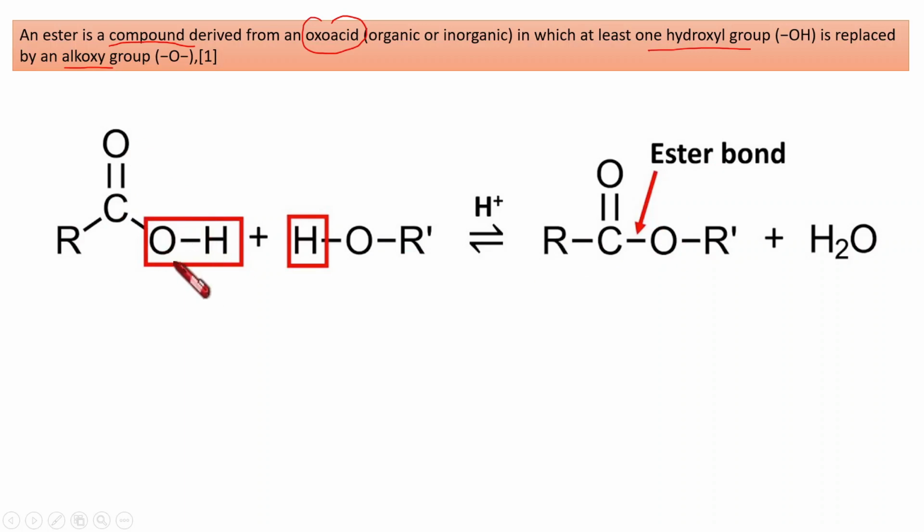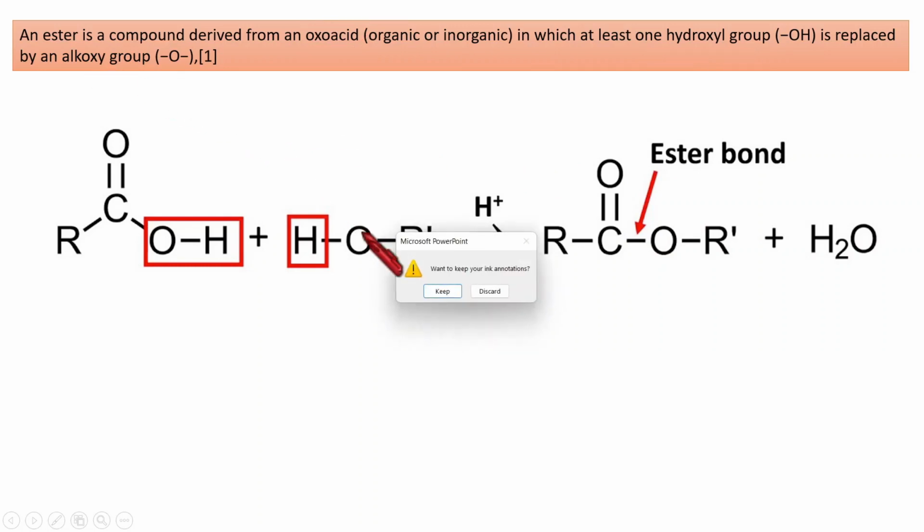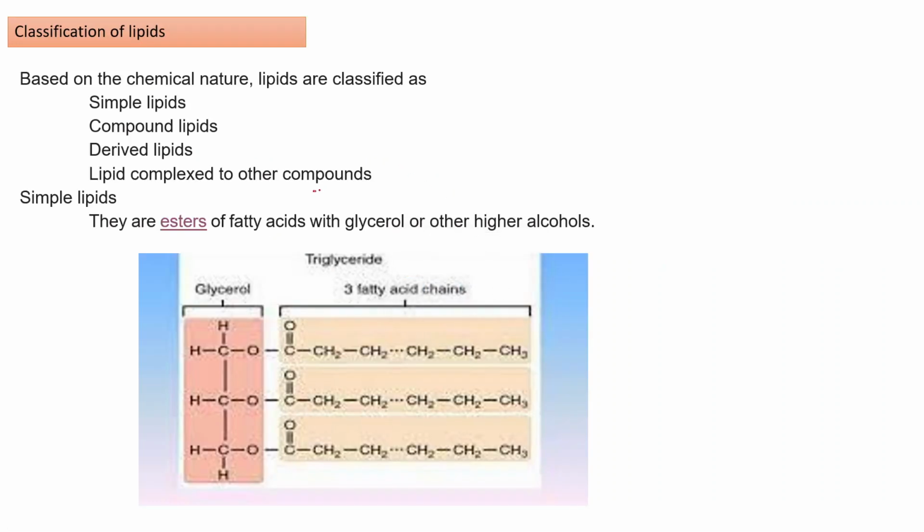Here the hydroxyl group is replaced by an alkoxy group, thereby forming an ester bond, and the ester is formed. So an ester is an organic compound derived from oxo acid with the replacement of one hydroxyl group with an alkoxy group. Clear? So anyway, the simple lipids are esters of fatty acids with glycerol.